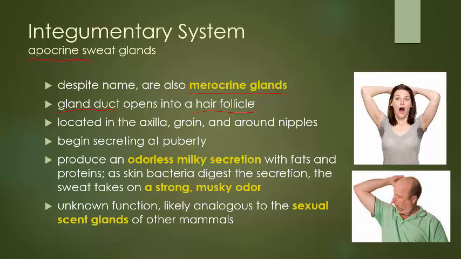And they are very abundant in the axilla, so in the armpits, in the groin, and around the nipples as well. And they don't start producing a secretion until they are stimulated to do so by testosterone and estrogen. And so they begin secreting around puberty.